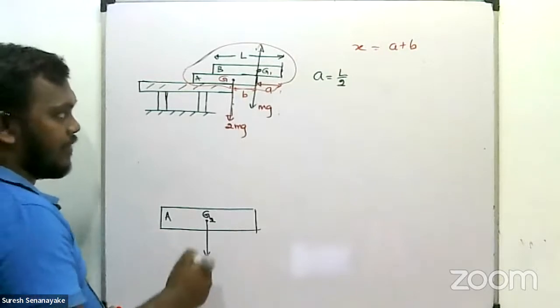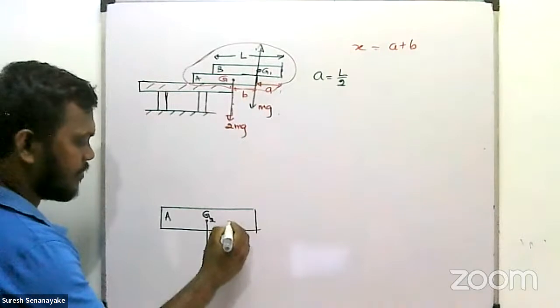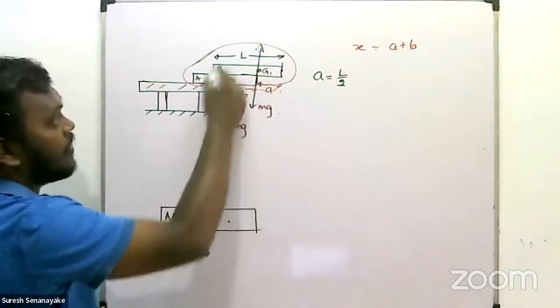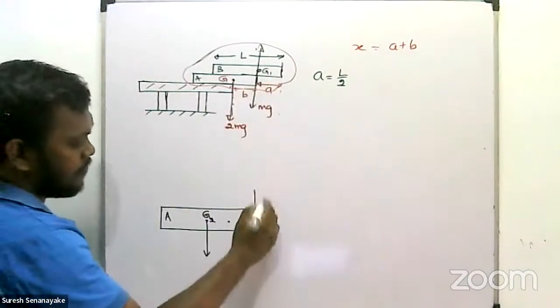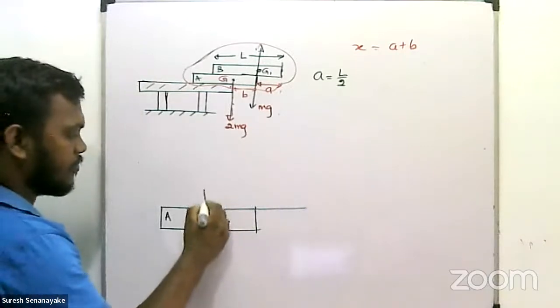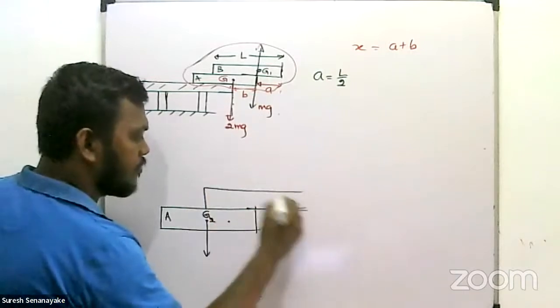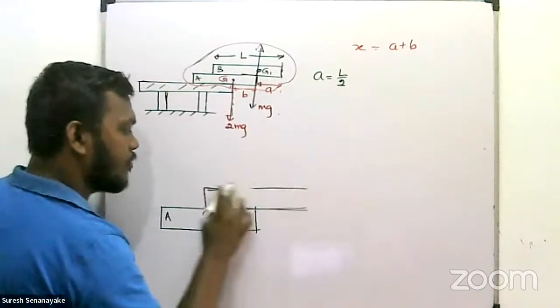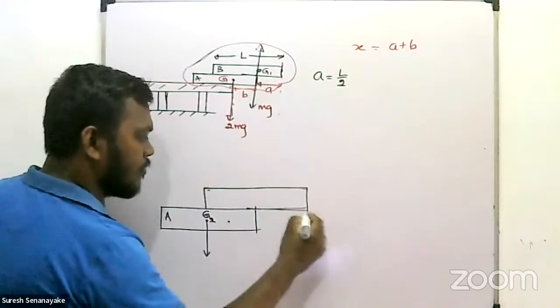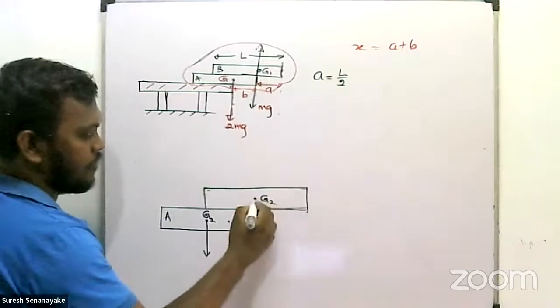Now the center of gravity of the system should be there, because the center of gravity of the upper body acts here, that is G2.